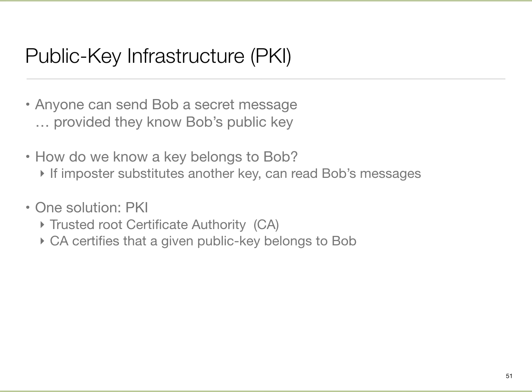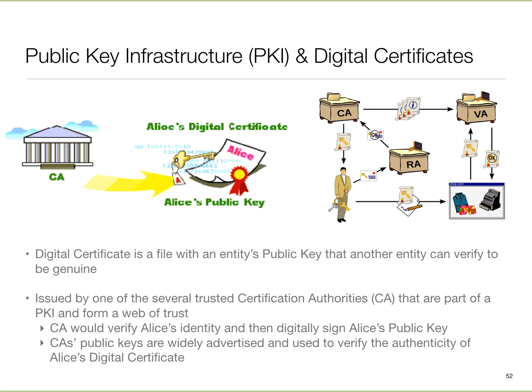So it's a sequence of certifications. This public key infrastructure depends on there being some trustworthy authority who delegates to other parties, and they can delegate in turn. But eventually, the key gets signed. So what does this look like?